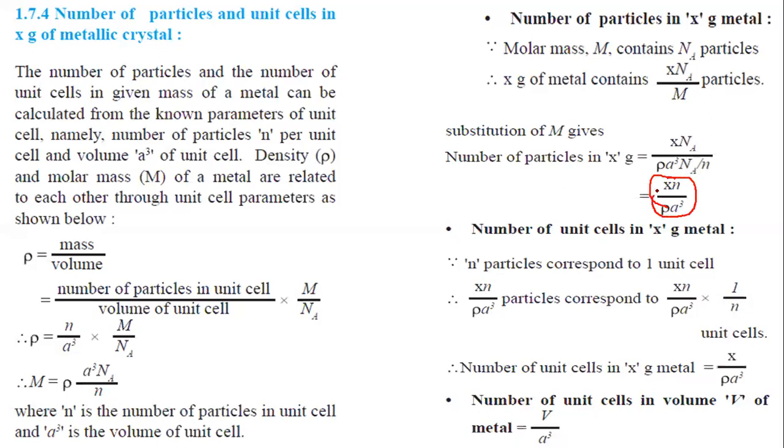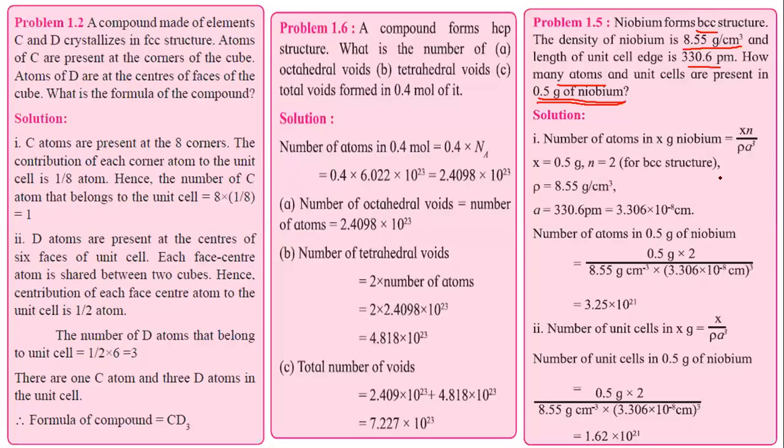By using this formula we can calculate the number of atoms. x is equal to 0.5 grams, which is given. n is 2 because this is a body centered cubic structure.